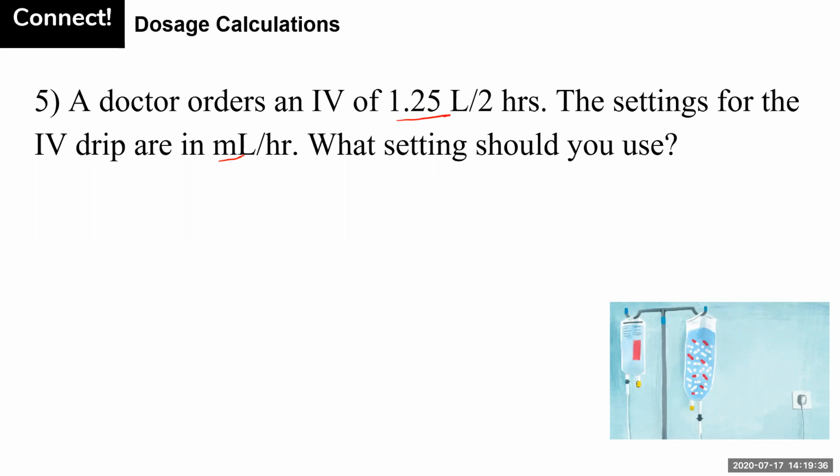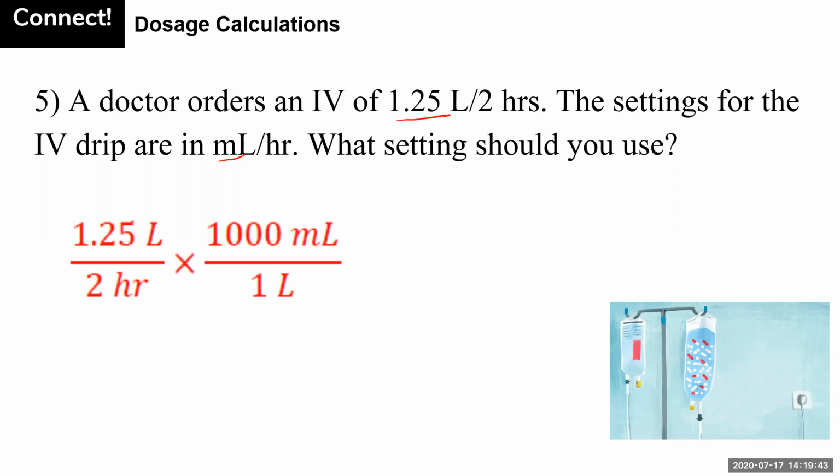Using the second table, you multiply by 1000, so you move 3 times to the right. And now you divide that by what? By 2. And that gives you 625 ml per hour. Is that okay? Nice.